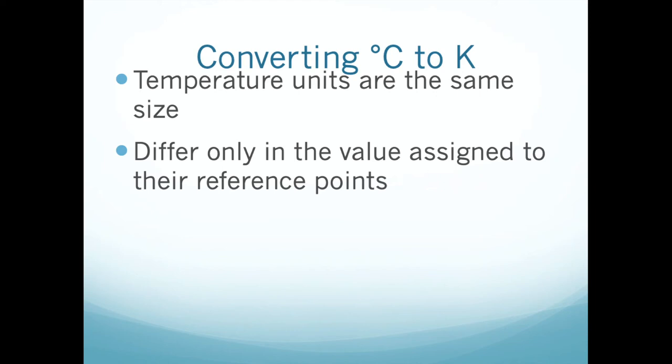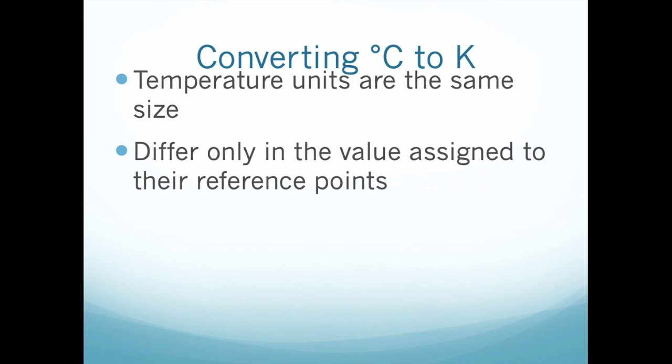That's because the size of a single degree Kelvin is the same as a single degree Celsius. You're just shifting your scale. You're not multiplying by a scale. It's not like with Celsius and Fahrenheit, where 1.8 degrees Fahrenheit is 1 degree Celsius. Here, a change of 1 degree Celsius is the same as a change of 1 Kelvin.